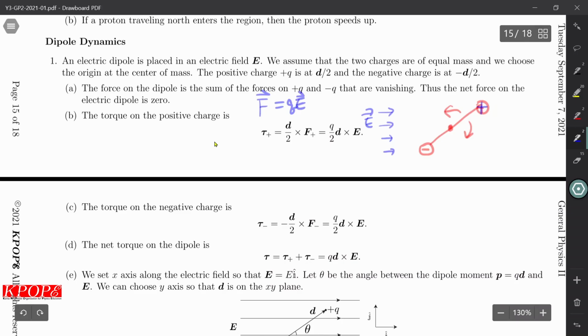This is positive, so F plus is in this direction. Because this is a negatively charged particle and the amount is the same, we have the same force except for the direction. The direction is opposite.